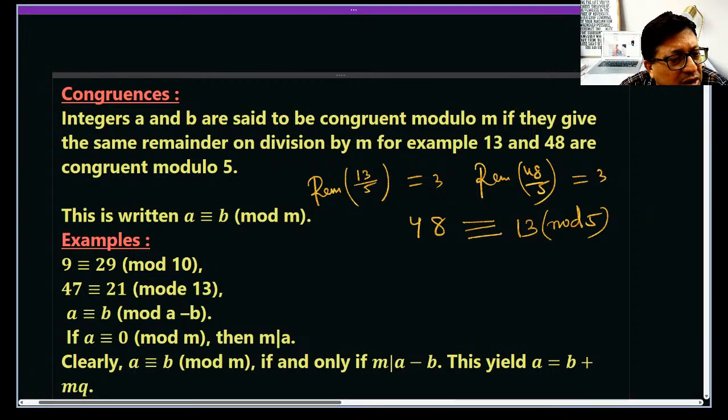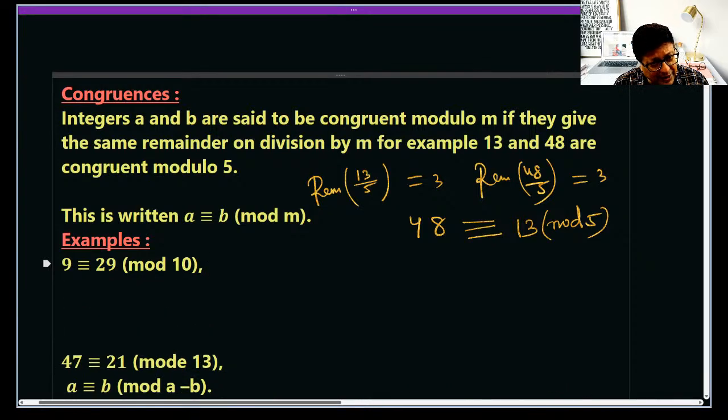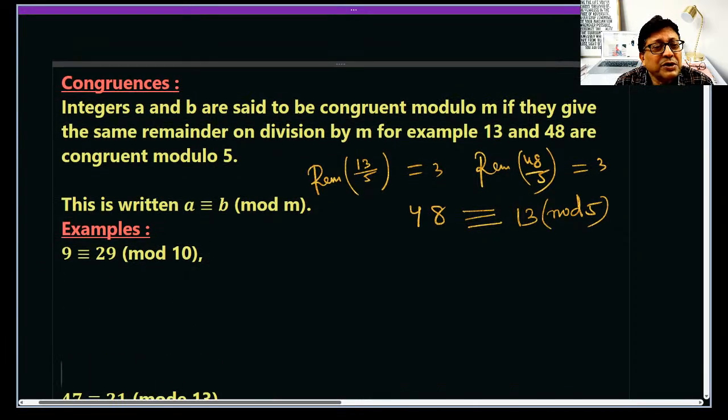You will say, why 9? 9 is smaller than 10. If you divide 9 by 10, then the remainder you assume is 9 only. And when you divide 29 by 10, the remainder is 9. That's why 9 is congruent to 29 mod 10.